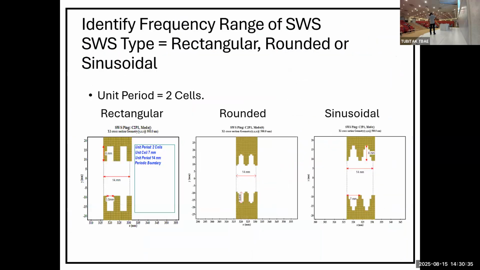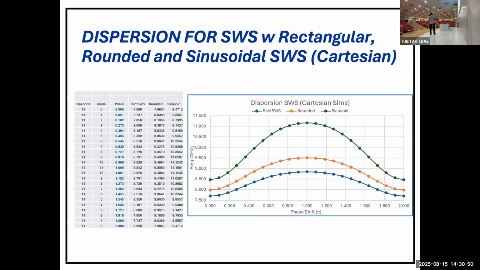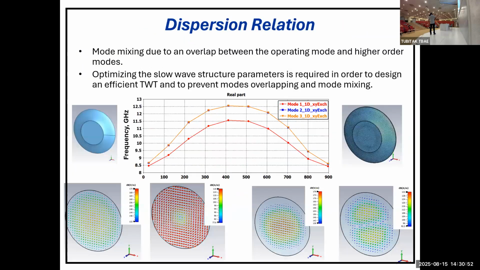For Magic, you see the staircases here, and you can't go to a very fine mesh in this case because it's going to be memory consuming. So you need to compromise, and having a second software to check the dispersion curve is a very good idea, actually.